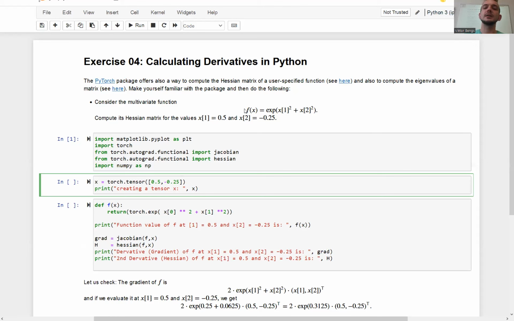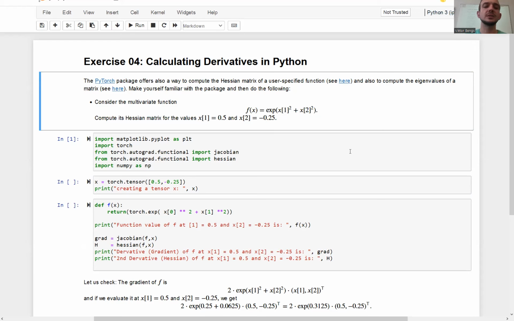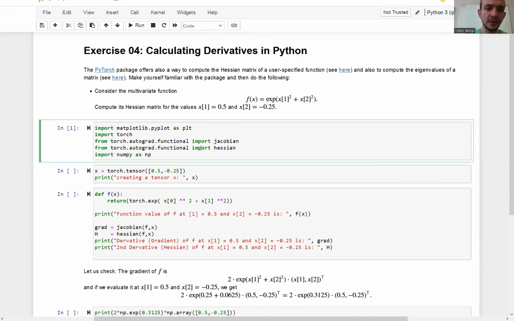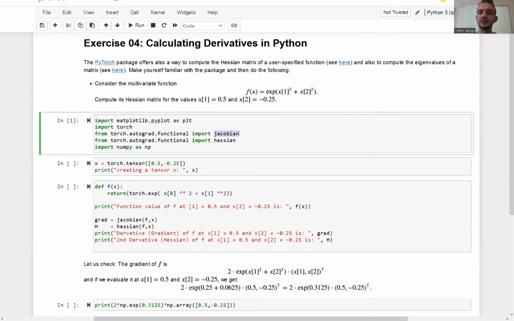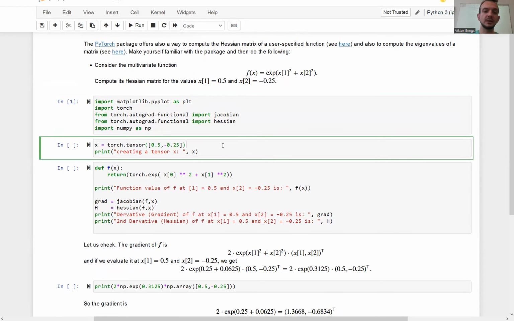And what we will look at is the function f first, which we considered last time. For this purpose, you have to import here the Hessian package, or the Jacobian package is also possible for computing the gradient. So this is another way I wanted to show you to compute the gradient.